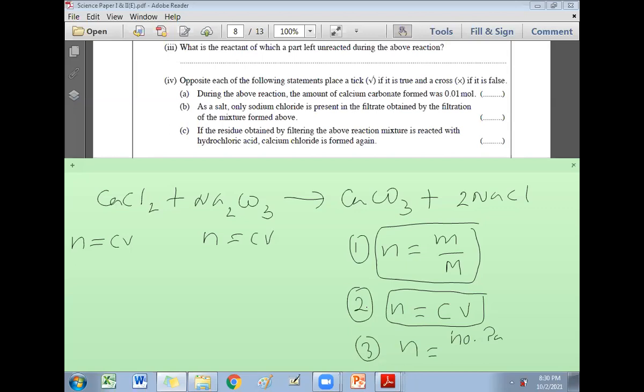Let's see the number of moles of calcium chloride. Please quickly write concentration. They have given 1 mole per cubic decimeter, and volume given.